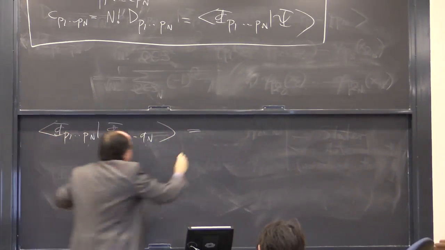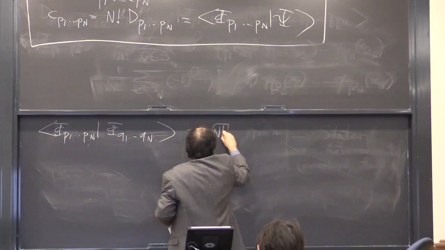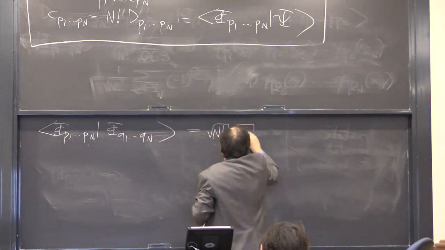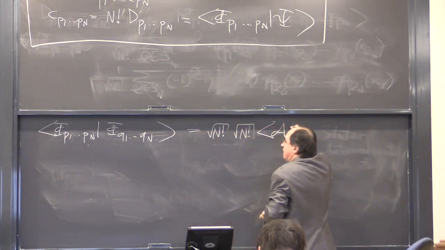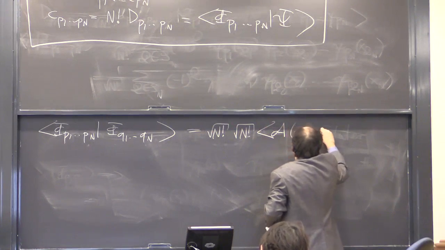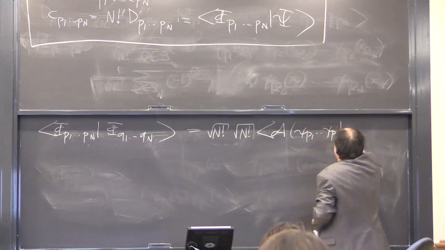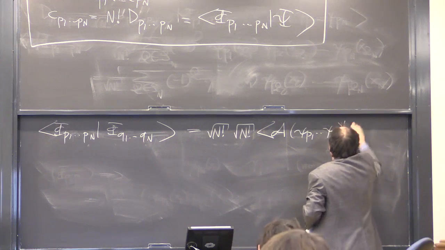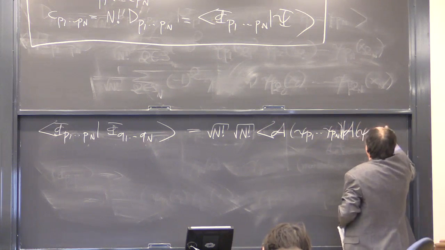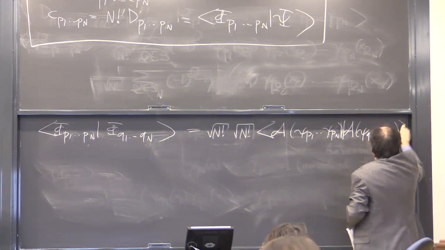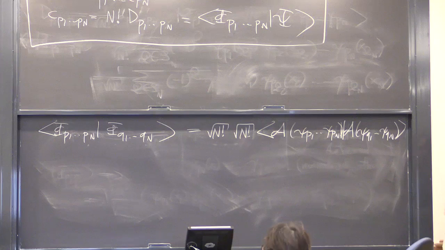So I'm going to get square root of n factorial from the leftmost phi, square root of n factorial from the rightmost phi, and then you end up with an anti-symmetrizer acting on the product of psi p1 through psi pn. That's your bra. And in the ket we have an anti-symmetrizer acting on the product of psi q1 up to psi qn.